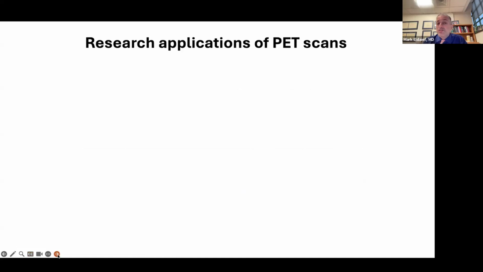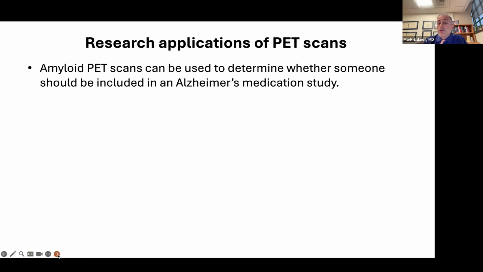So what are some of the research applications of PET scans? Well, we can use amyloid PET scans, and this is commonly done, to determine whether someone should be included in an Alzheimer's disease study. You may know there are a couple of new medications that are antibodies directed against amyloid in the brain.